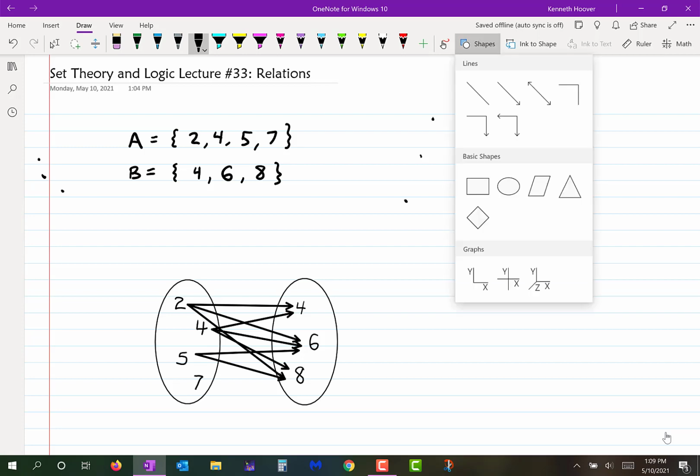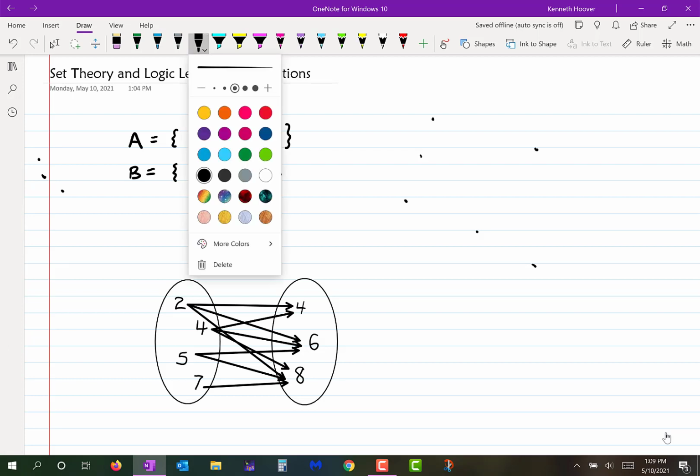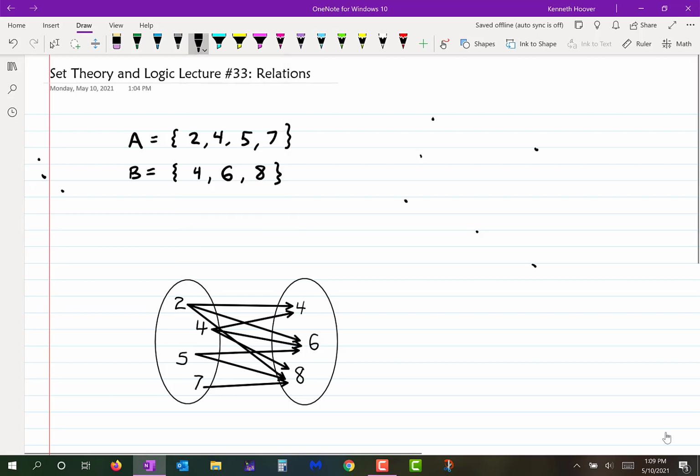And 7 is only related to 8. So there's a diagram showing how I want the numbers in A to be related to the numbers in B. I'm not saying what the relation is here. I'm just telling you which numbers are related to others.